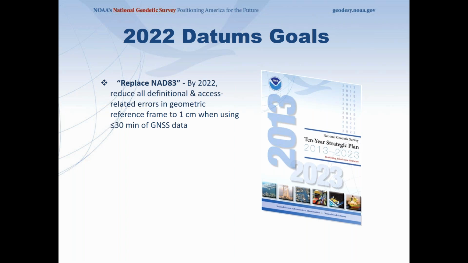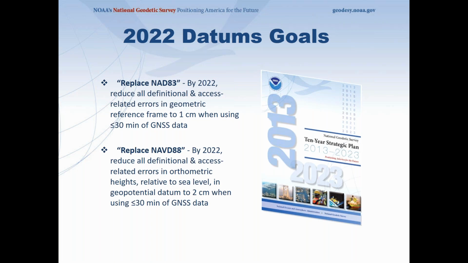And by 2022, we want to be able to go out and do observations using a survey grade GPS receiver, and in less than around 30 minutes, we'll be able to get 1 centimeter accuracy to the reference frame. And with the vertical, we want to be able to get 2 centimeters when we use 30 minutes of GNSS data.